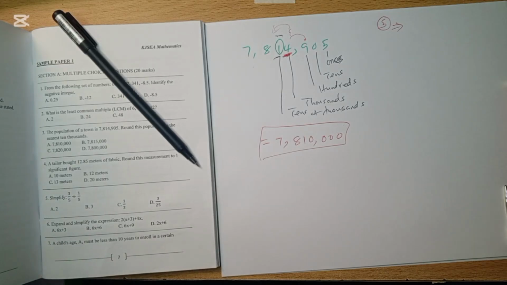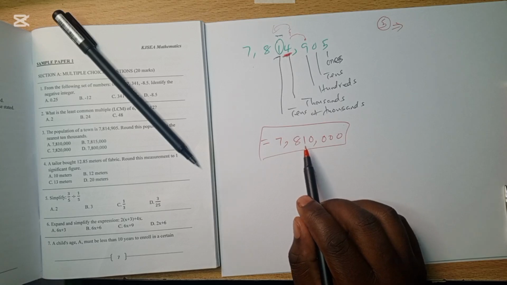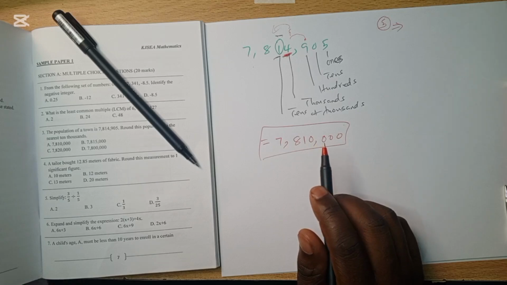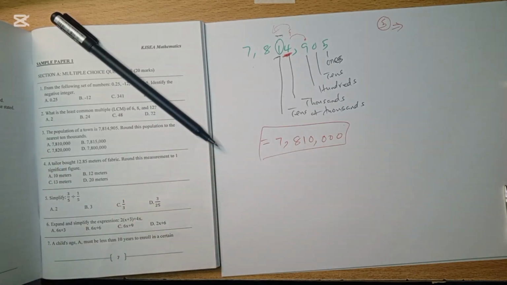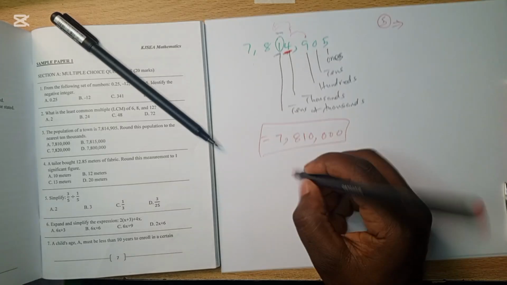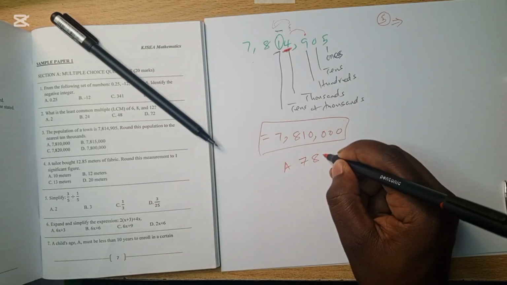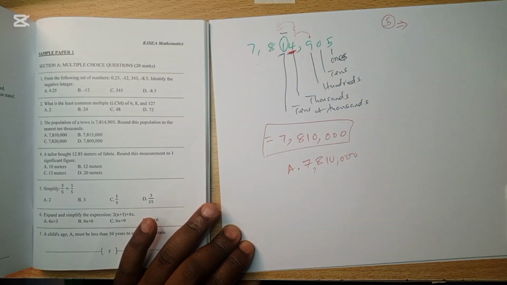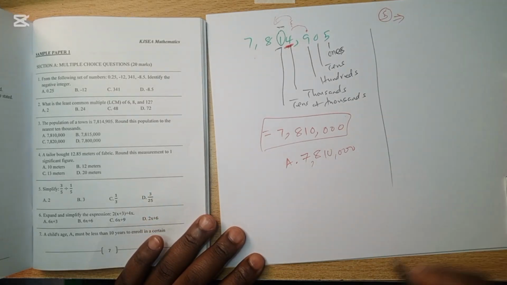So the answer there, your answer in the marking scheme for the nearest 10,000s, should be A. So the answer for that is A, 7,810,000.